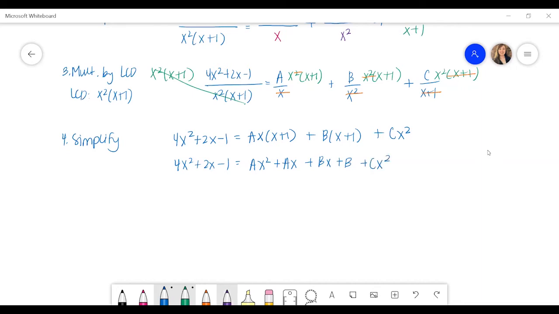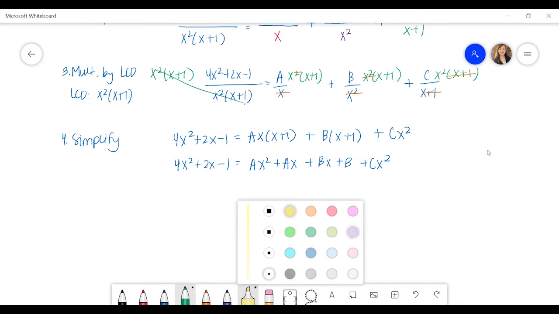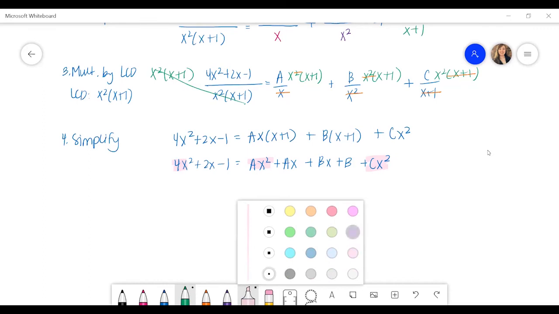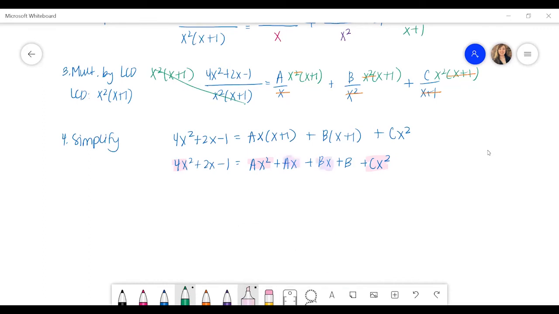So we're going to group these just like we have in the past. We've got Ax squared and Cx squared. That'll get paired up with our 4 in just a moment. We'll rewrite it fully, and then we've got our x terms, and then we've got our constants.